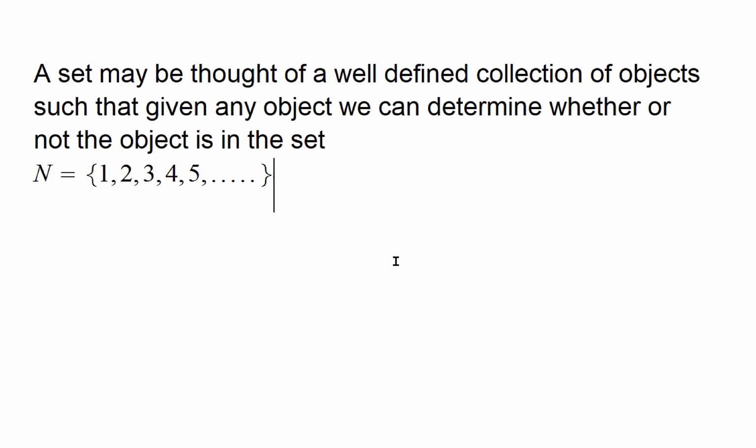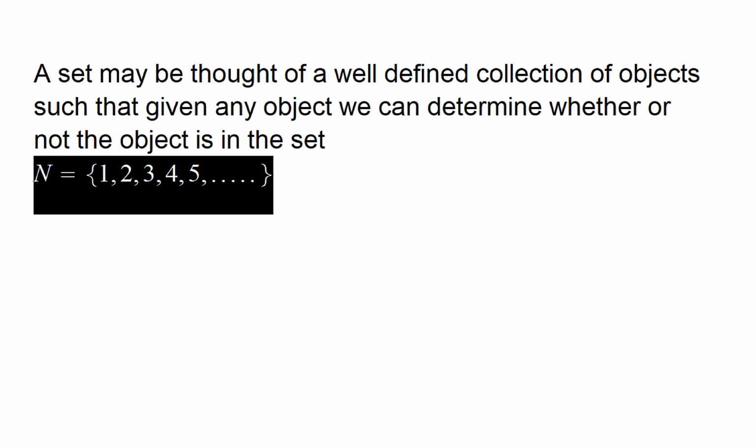These are positive whole numbers, and 4 is a member of this set. 10, even though it's not explicitly listed, is a member of this set. Pi is not a member of this set.